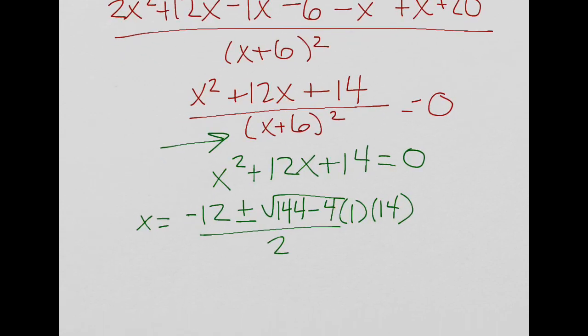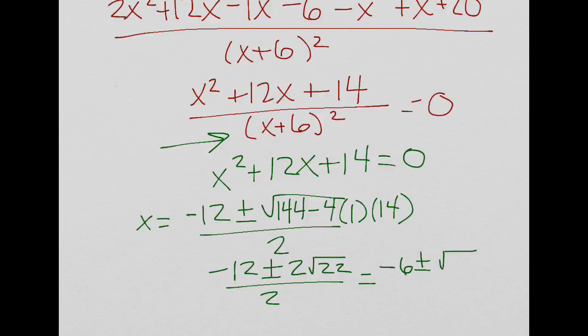So this is negative 12 plus or minus the square root of 88, which we can reduce to 2 square root of 22, I believe. So I can take out a 2, so I get negative 6 plus or minus the square root of 22. So the square root of 22 is going to be 4 something.